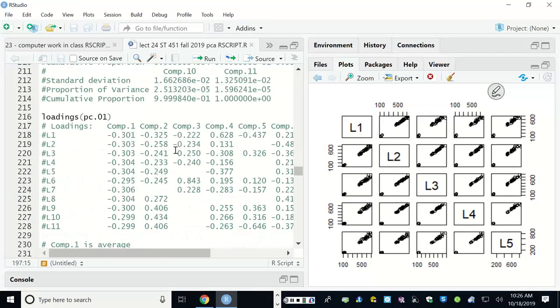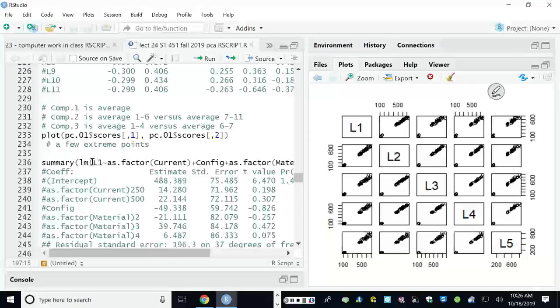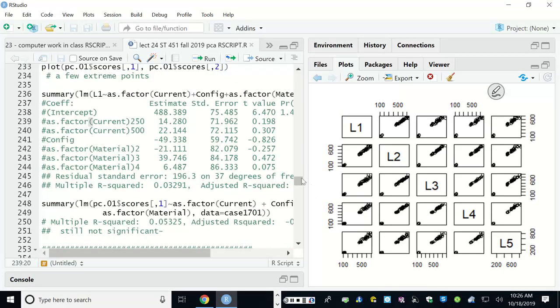And so in this experiment, ultimately what we can think about doing is predicting the magnetism score of one of these outcomes, like the first part of the bar, how magnetized is it, as a function of the current, the configuration of the machine, and then the type of material. Well, those things are all actually factors, even though they're scored as numbers in the data set. And so we could think about regressing L1 on these different factors. Right?